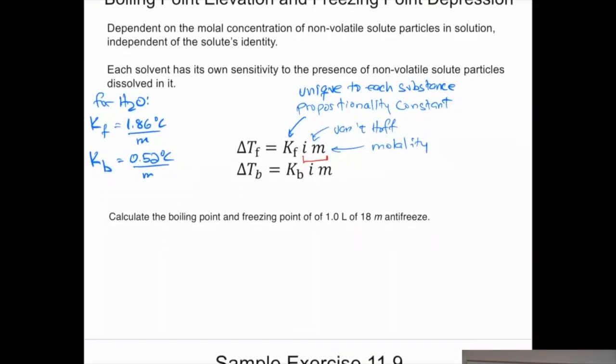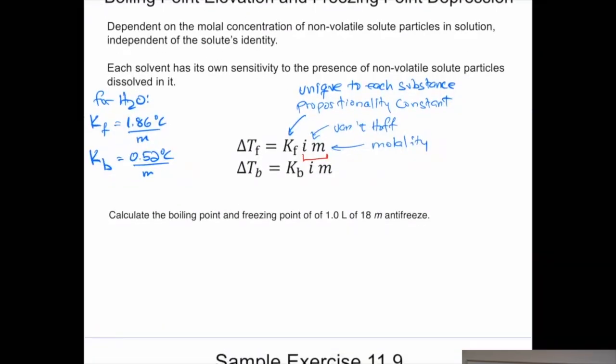So here are some simple calculations. Let's say we have an 18 molal solution of antifreeze. That's your ethylene glycol. So let's calculate the boiling point and freezing point of a 1 liter solution of 18 molal antifreeze. Now, antifreeze is going to be in water.